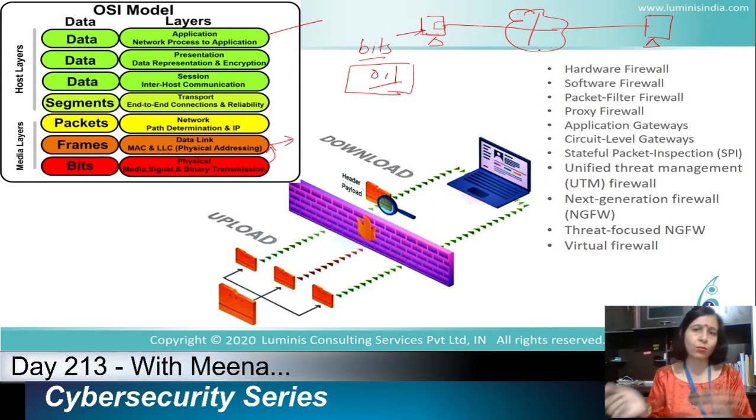I'm not going to discuss each and everything about the OSI model right now. Then it goes to the next level, the network address, because a MAC address is useful only within a single local area network.